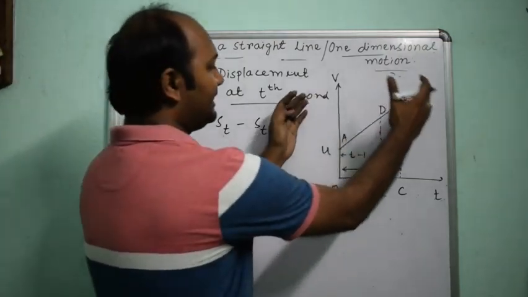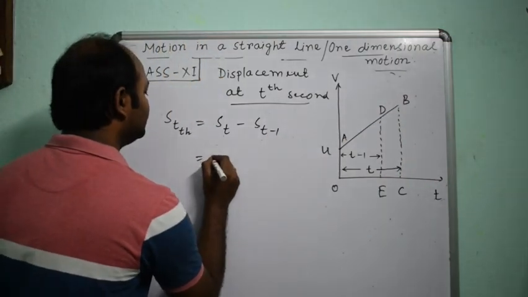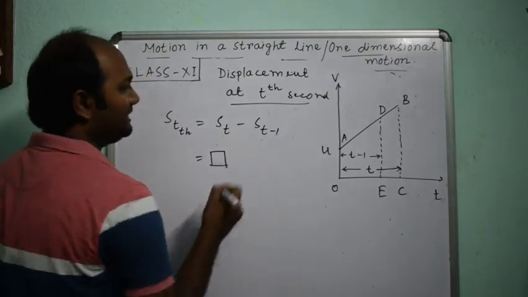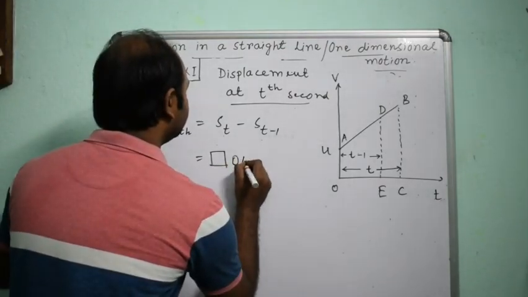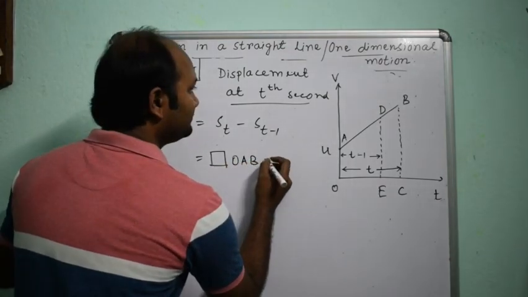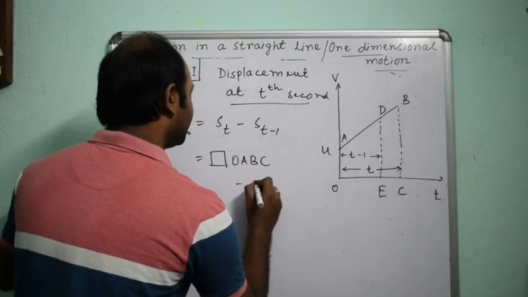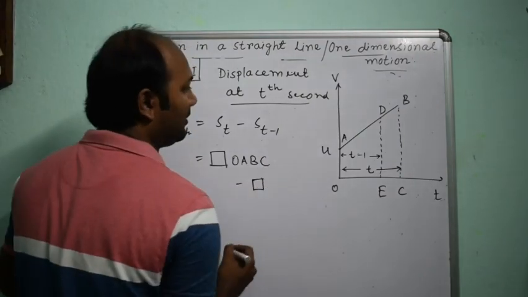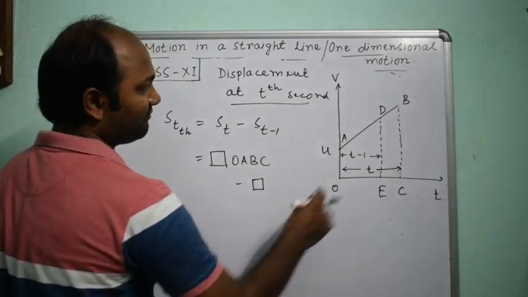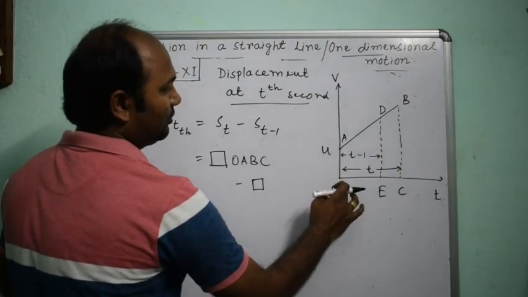S_t means area of the whole graph. Area of OABC minus area of this one, OADE.